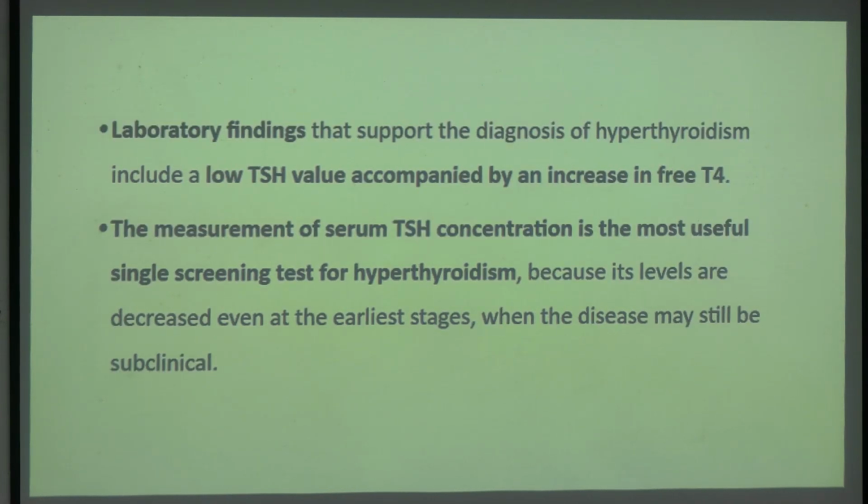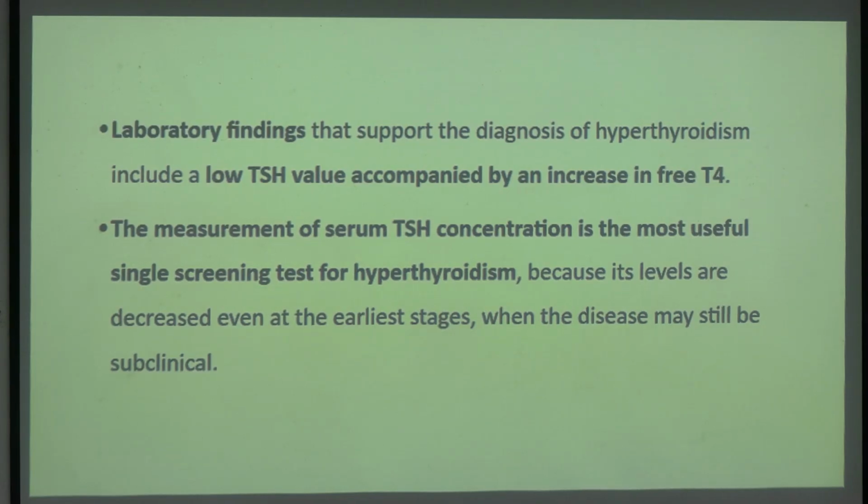Now the lab findings. Lab findings that support the diagnosis of hyperthyroidism include a low TSH value accompanied by an increase in free T4. So, decreased TSH value, increased T4 and T3 value. This is the main finding of hyperthyroidism or thyrotoxicosis.